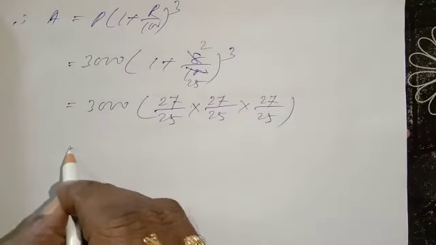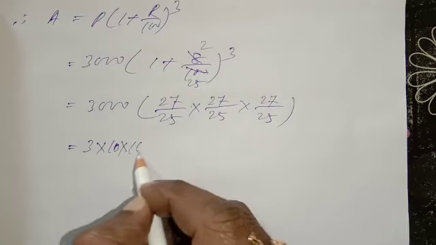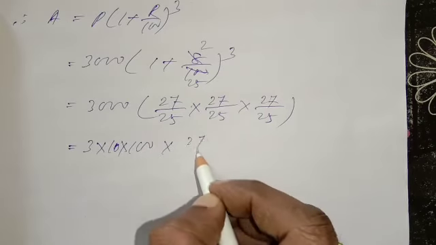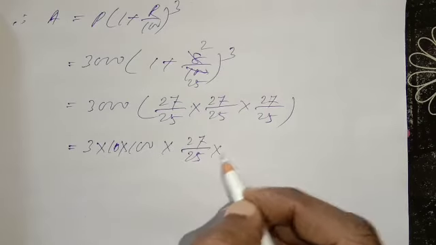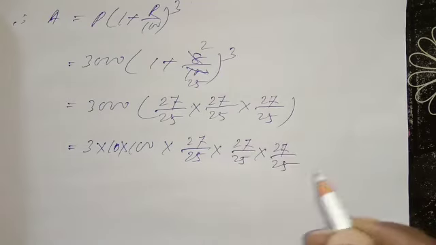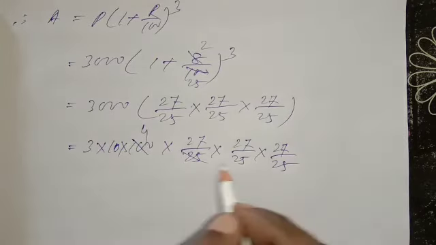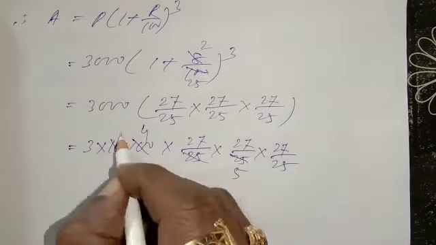Now see how to calculate here. Just see 3 into 10 into 100 into 27. Why I am breaking it like that, I am telling. 27 by 25, 27 by 25. 25 4 is 100. It will go by 5. 5 5 is 25. 5 2.